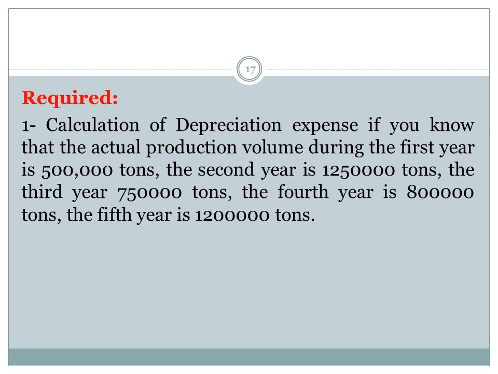If you know that the actual production volume during the first year is 500,000 tons, the second year is 1,250,000 tons, the third year 750,000 tons, the fourth year is 800,000 tons, the fifth year is 1,200,000 tons. 2. Journalize the above transaction.